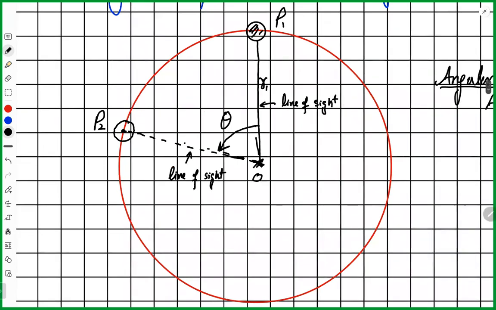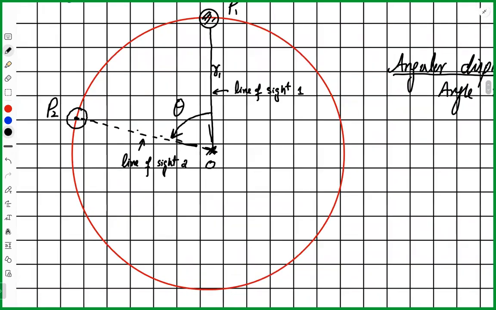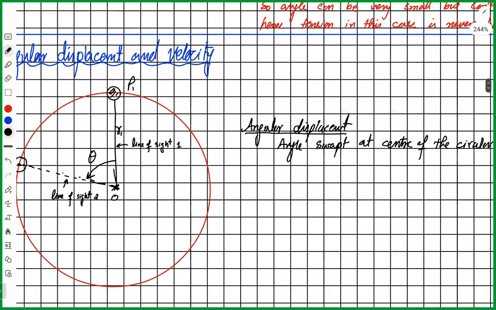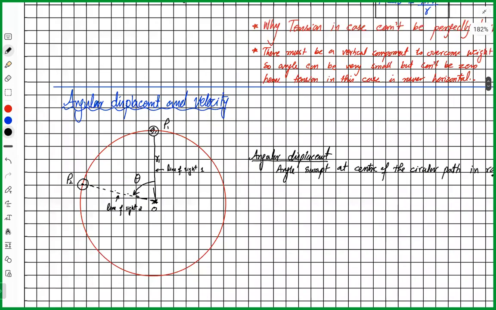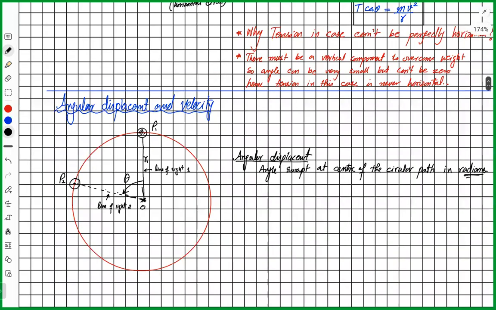Yes, this was line of sight number 1, this was line of sight number 2, and the line of sight has swept an angle theta. Or what else can you say? Moved an angle? Yeah, I guess that will also be okay, but swept is used for the angle in this case. But if you say moved, it will be completely okay.